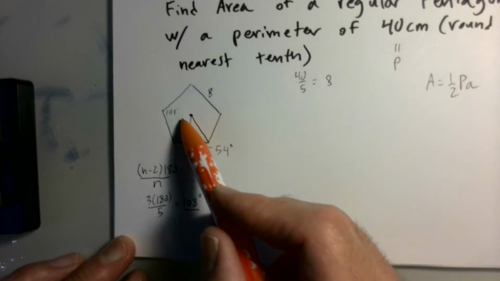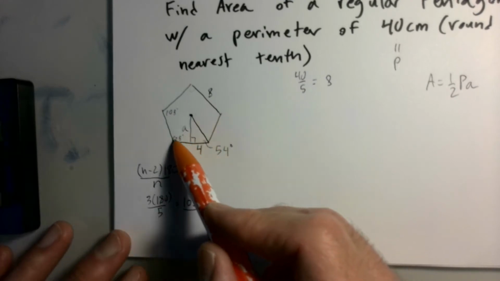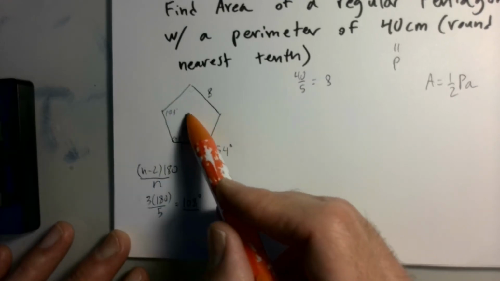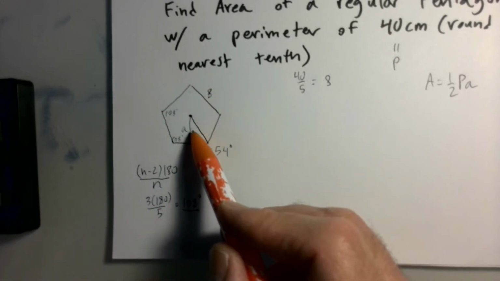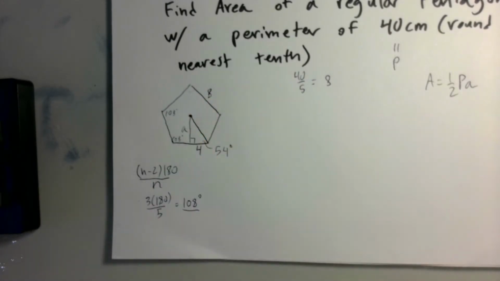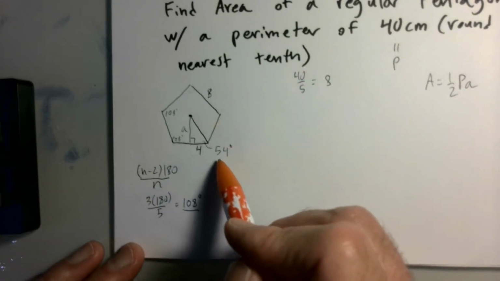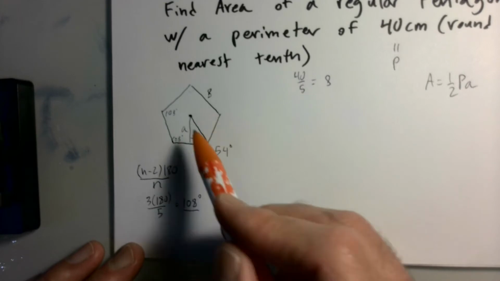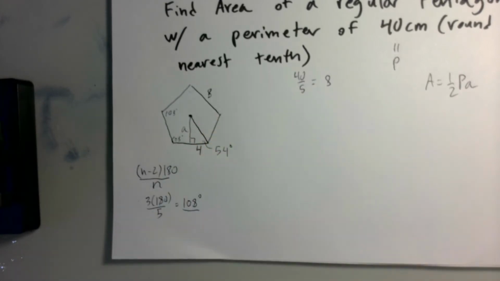You can do a full rotation, 360 divided by 5, which gives you the bigger triangle angles, and then you divide that by 2. You get the same answer either way. In that case you'd get the complement, which is 36 instead of 54. You'll get the same answer for your apothem regardless of which way you do it.